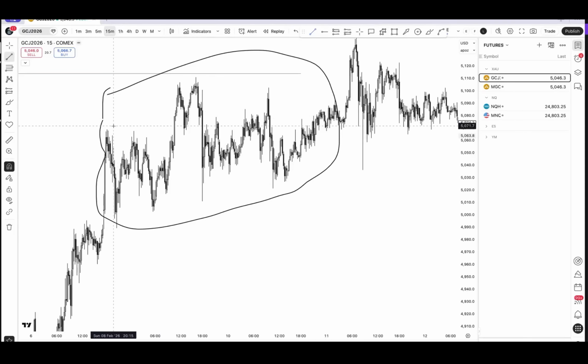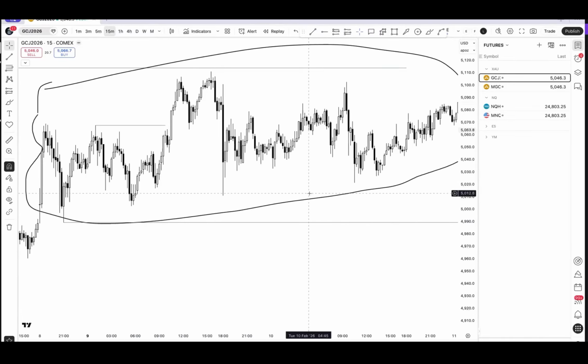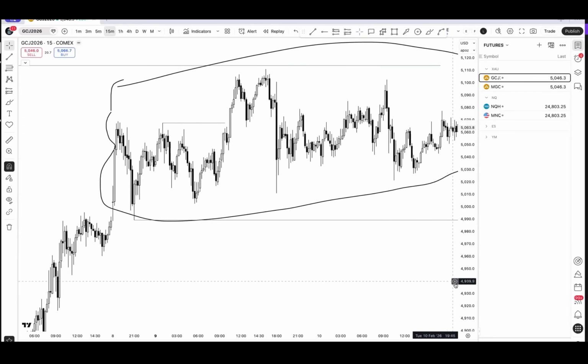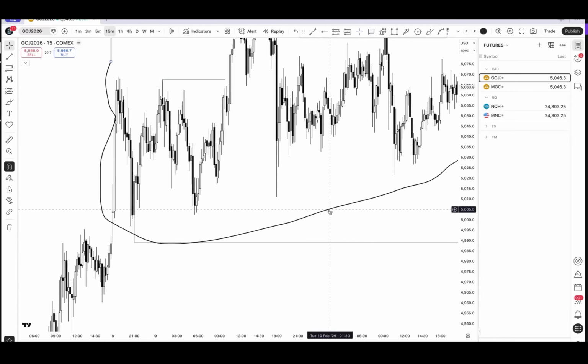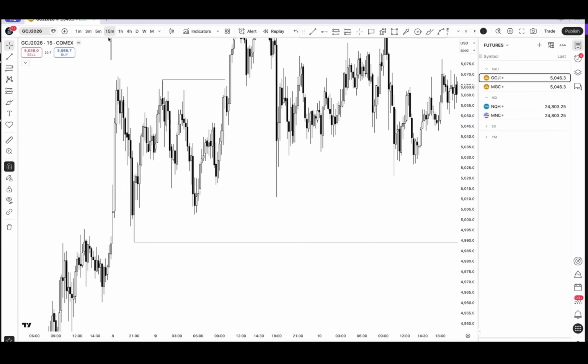Once we took these highs, I would have wanted to stay away from any sort of buying, just because now we have all these lows to the left. But if you look here, let's move this. There was some sort of long entry before that.